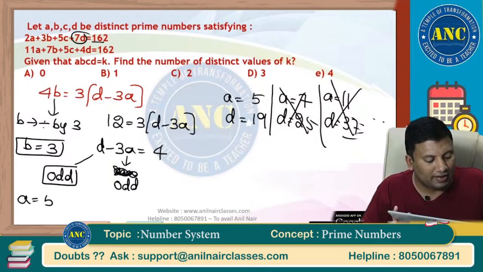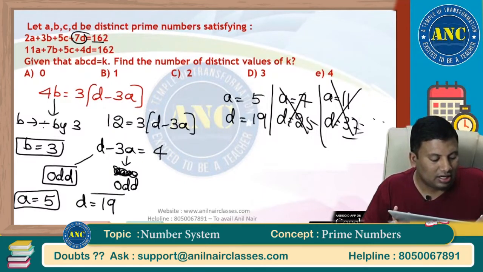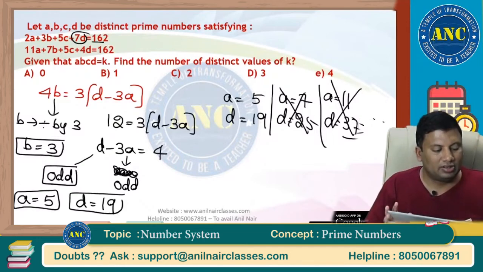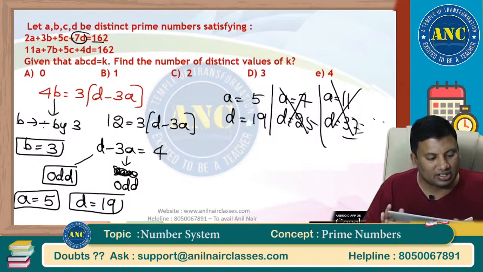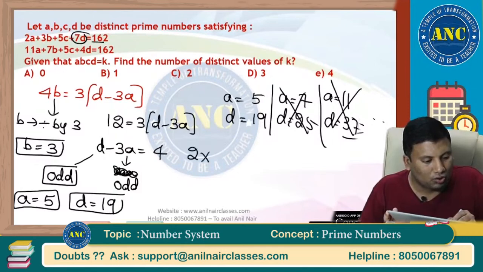Easy question. A value 5, D value 19. A is 5, D is 19, B is 3. Now we will easily get C if I substitute. 2 into A, so 2 into 5 is nothing but 10.